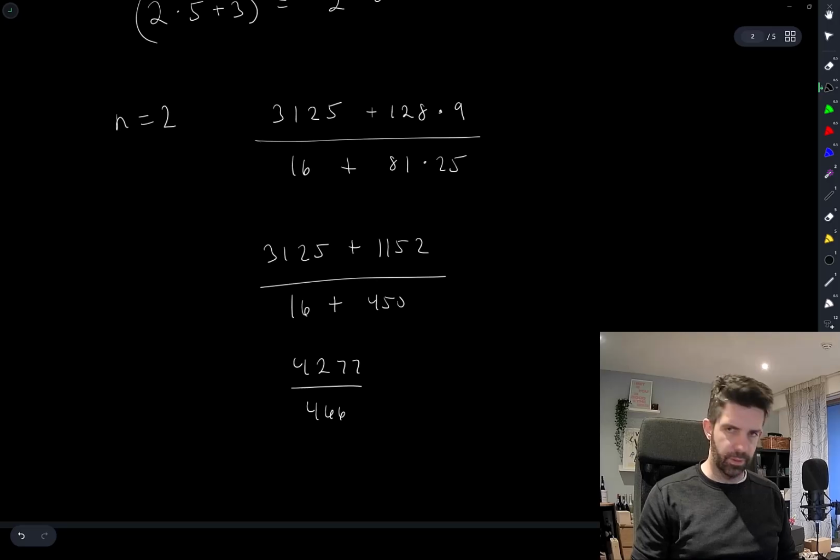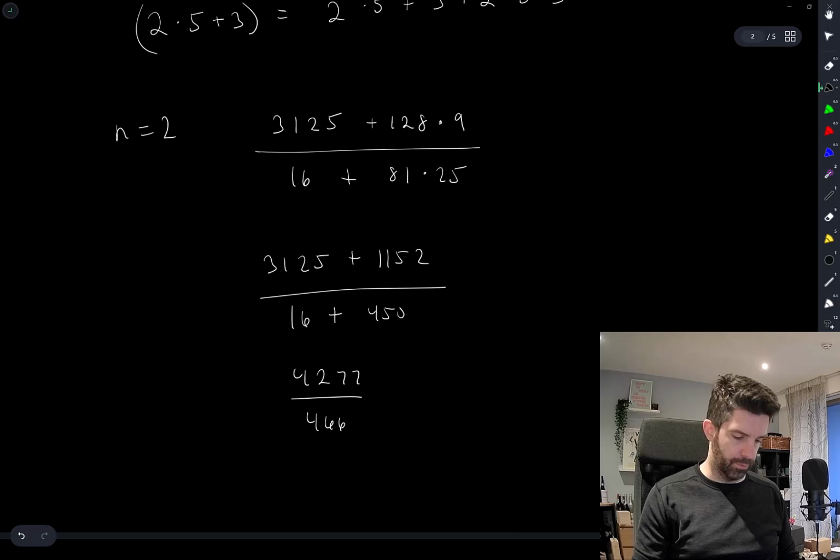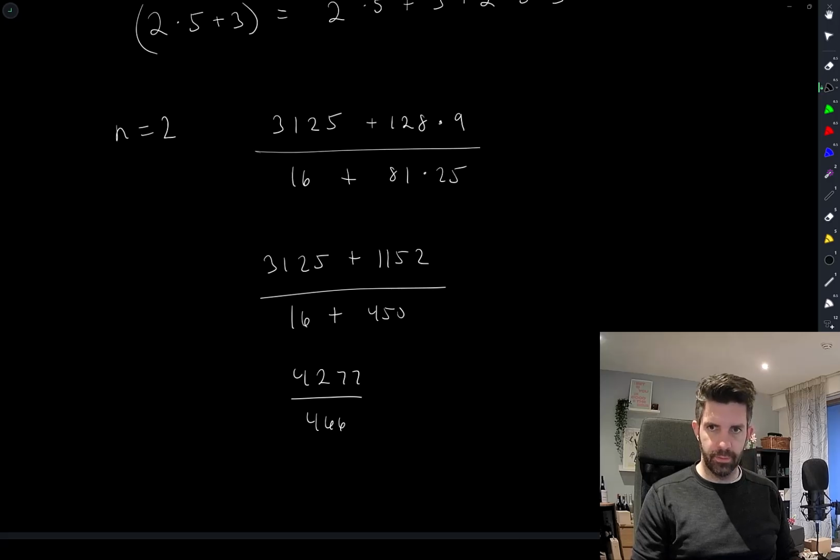Why doesn't this work? Hold on. I've got n is equal to 2. 2 to the power 4, 16. 3 to the 4, 81. 5 squared, 25. 81 times 25.